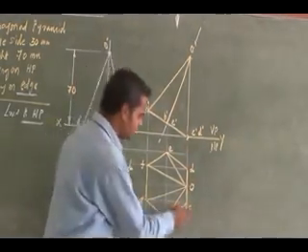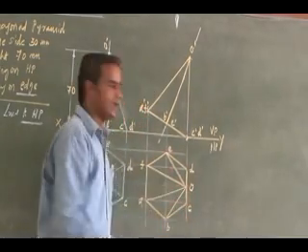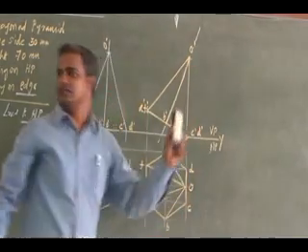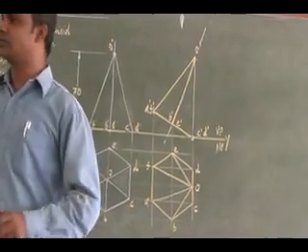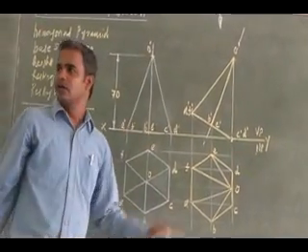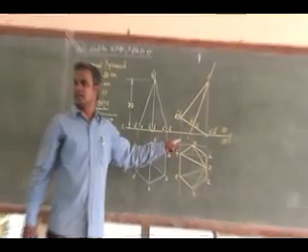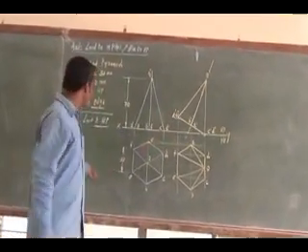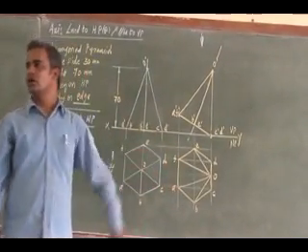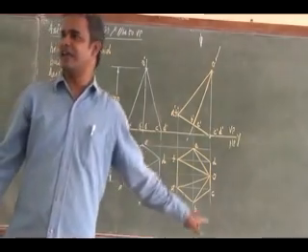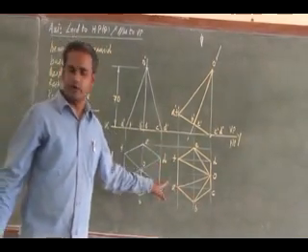This is the orientation. The axis inclination to HP is hidden; you have to find it out, and draw the base on HP. Is it clear? Do you have any clarification on this? Right, do it.